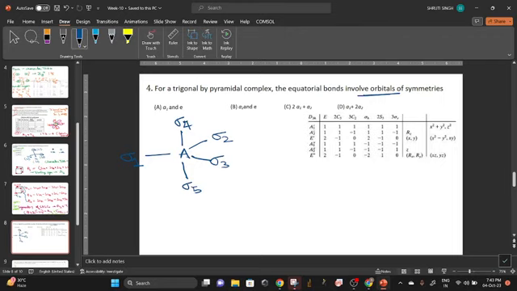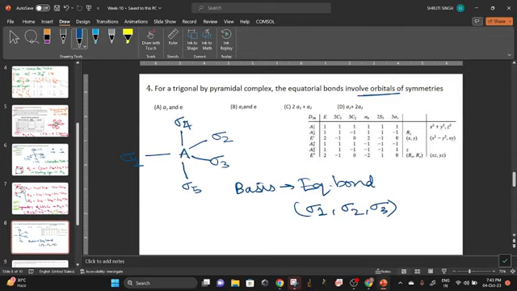Now here our basis set is equatorial bonds, right? Which means the basis set is orbital sigma 1, sigma 2, sigma 3, a three-dimensional basis. And here the point group is, what is the point group of this? D3h.